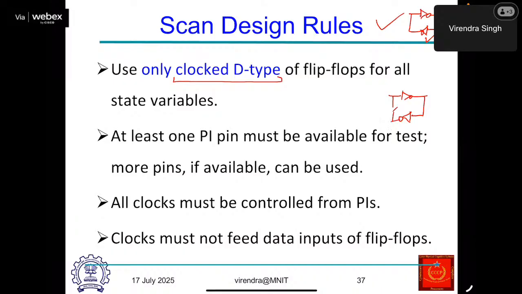When you want to write, you open it, and when you want to retain, you can close these switches. It is much cheaper to implement than any other flip flop we can use. So only and only a D type flip flop is needed for all state variables.